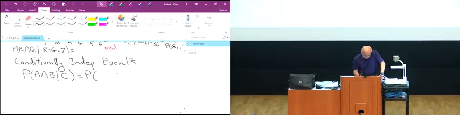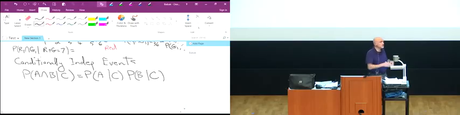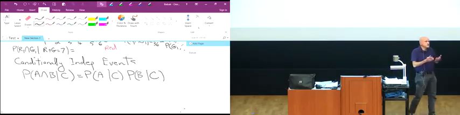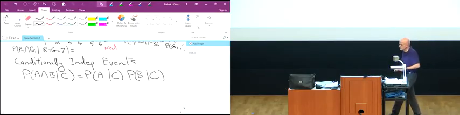So this must be equal to what times what? When I didn't condition on C, what was the definition? Probability of A and B is probability of A times probability of B. So now I've conditioned my universe to C. So what must that product be? A given C times B given C. If this is true in my new universe, all you're doing is going from one universe to another universe.